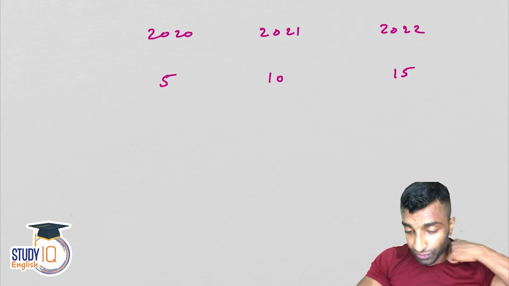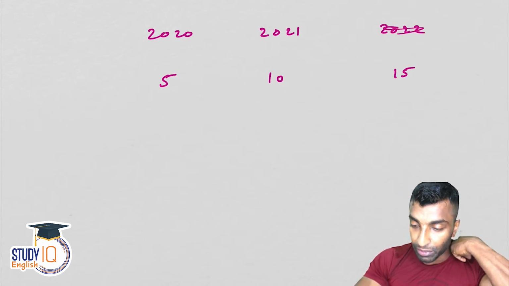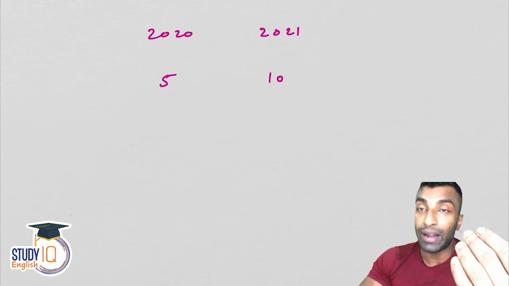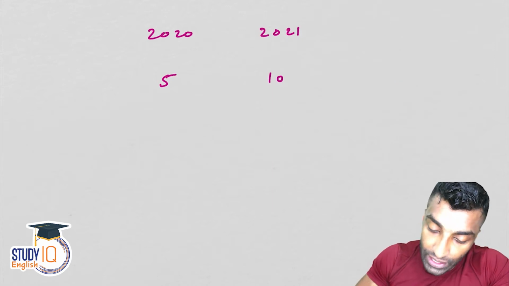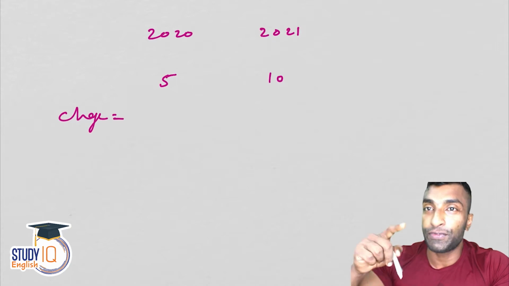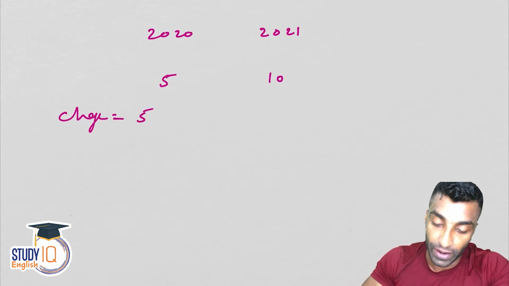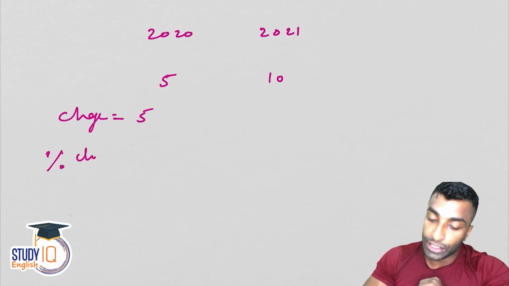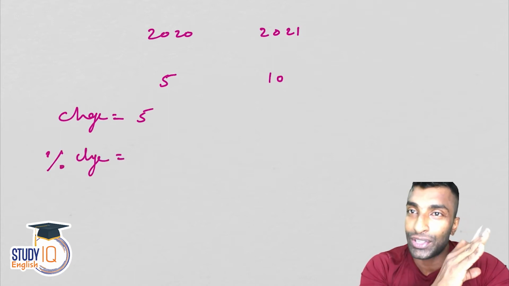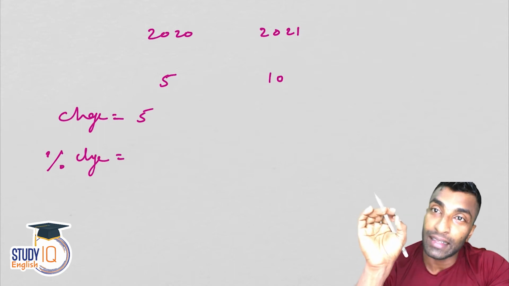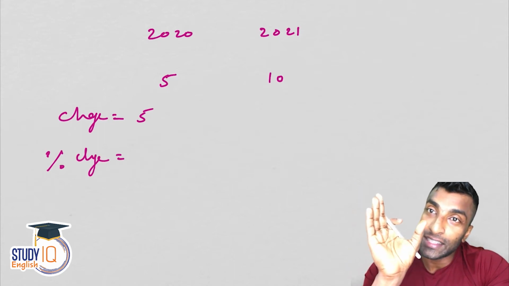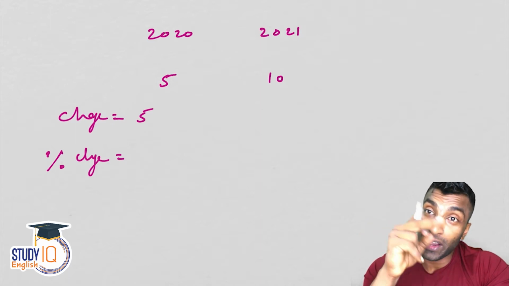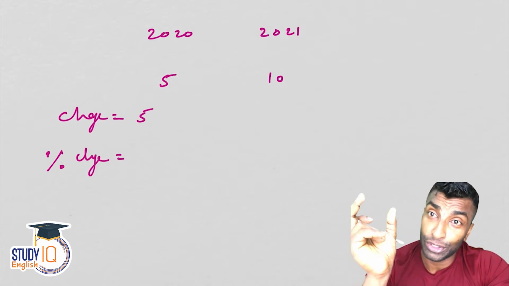If I ask you from 2020 to 21, forget about 22 as we don't have it as of now, what is the change? Change is 5 to 10, just 5, that difference. And then what is the percentage change? 5 to 10, there is a change of 5, and this change of 5 is from an initial value of 5. So 5 and again 5, it has actually doubled.